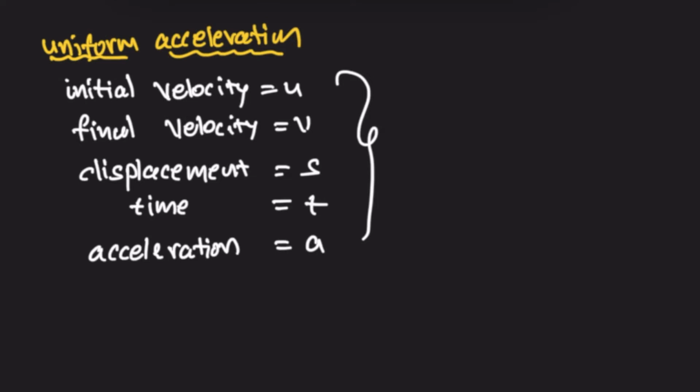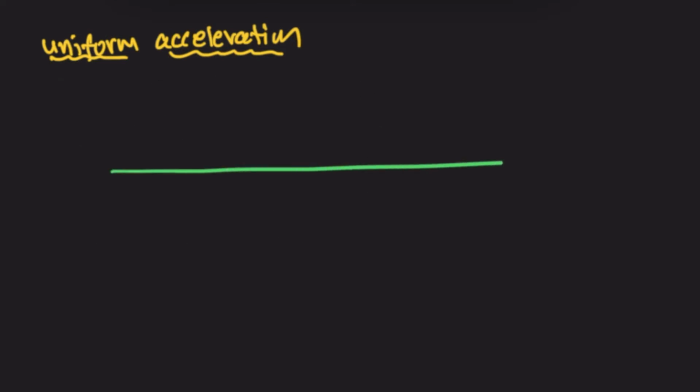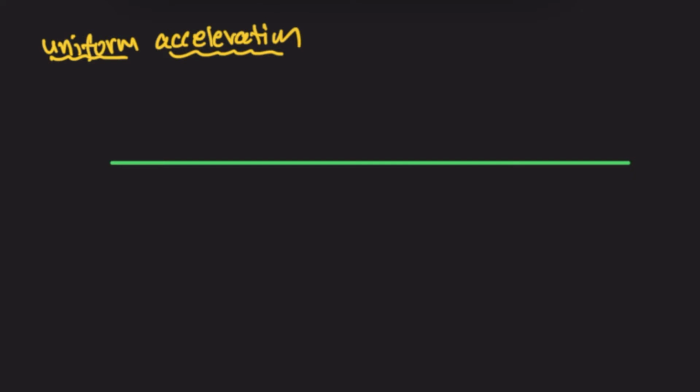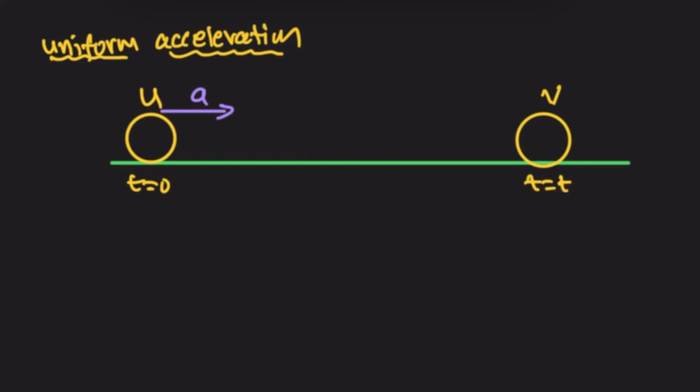So what are the kinematic equations? A body is moving in a straight line. At time t equal to 0, its initial velocity is u, and it moves with uniform acceleration a. After time t, its velocity is observed to be v and it covers a displacement s.